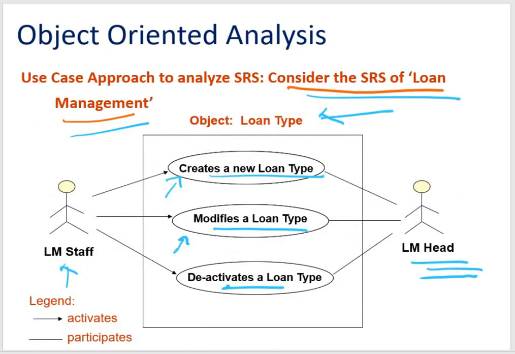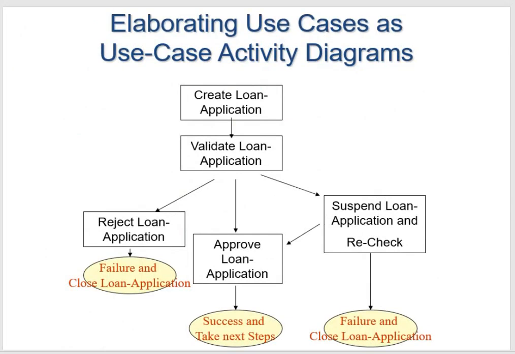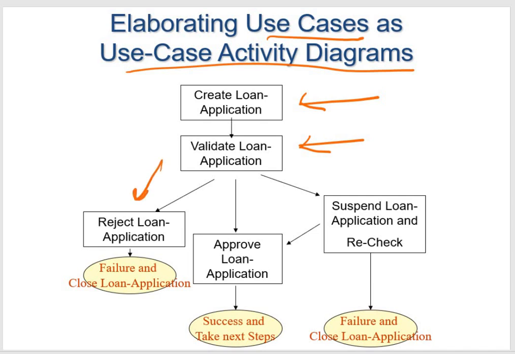Your use case activity diagrams are helpful when the situation is complicated, with multiple or alternate possibilities of response from the object. In this case it becomes very handy to use a use case activity diagram. So now let's elaborate the use case as a use case activity diagram.